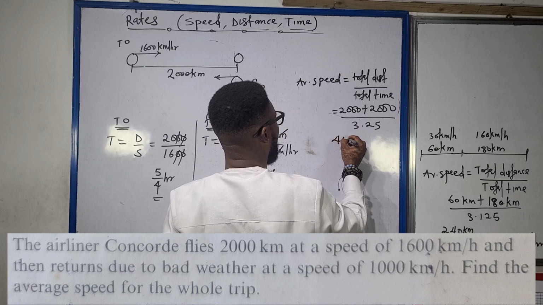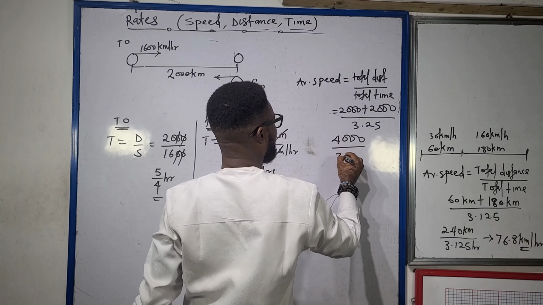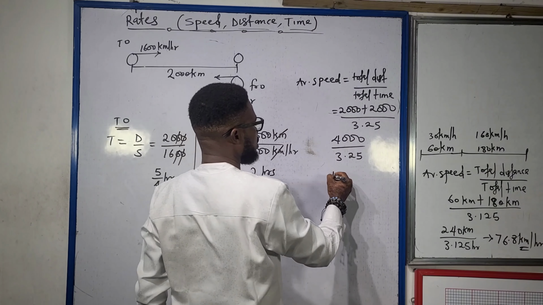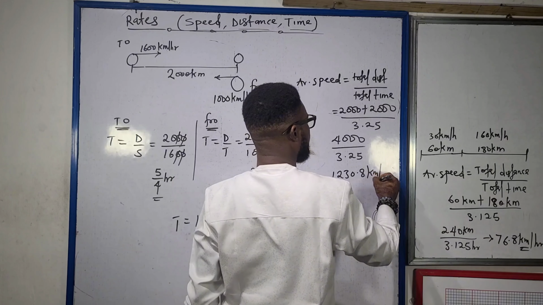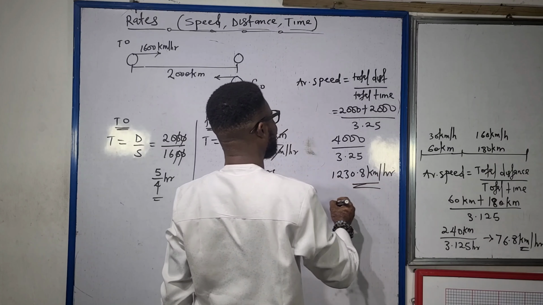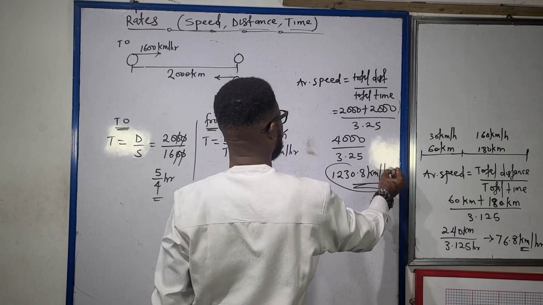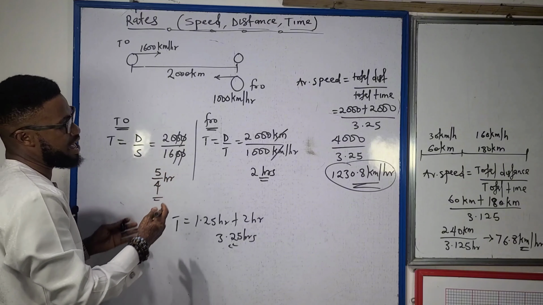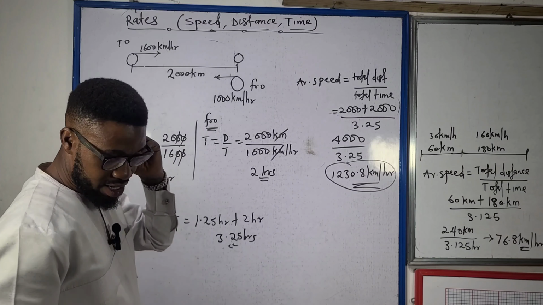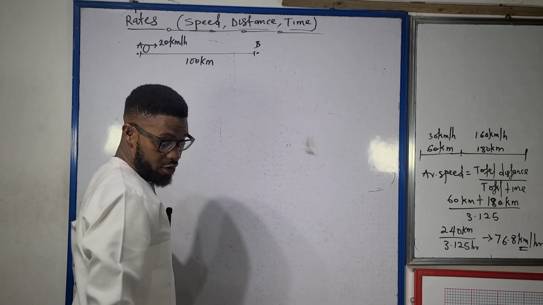So that is 4,000 divided by 3.25. That is 1230.8 kilometers per hour. That is the average speed, and this is our answer. So look at the question very well, and it's not really difficult talking about rates. Okay, moving on to the next question.